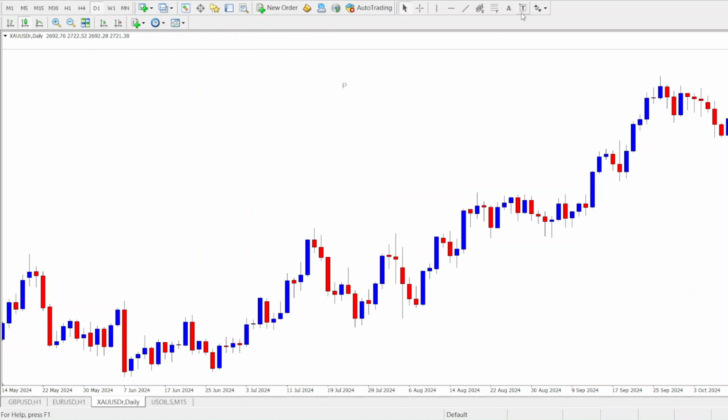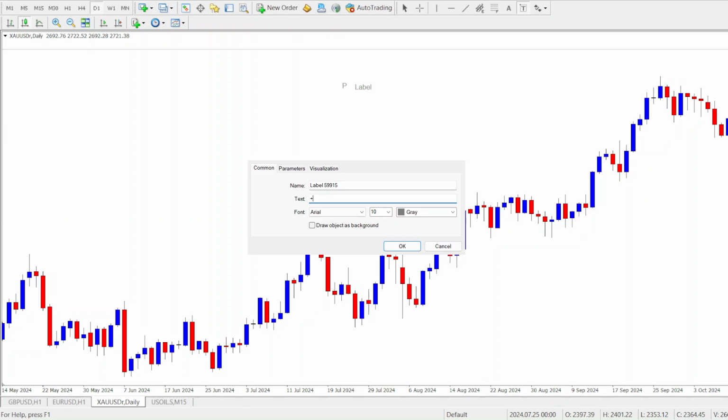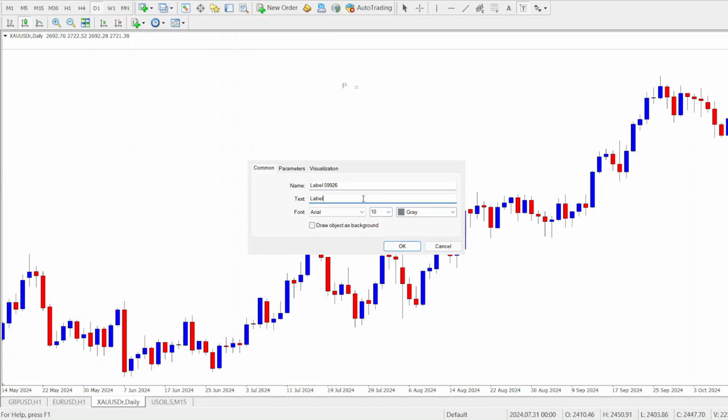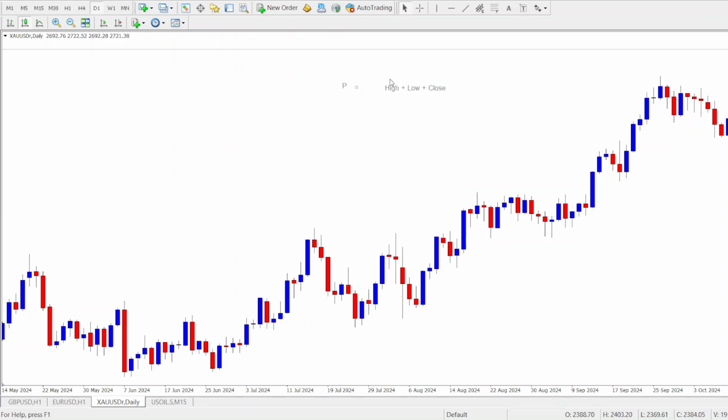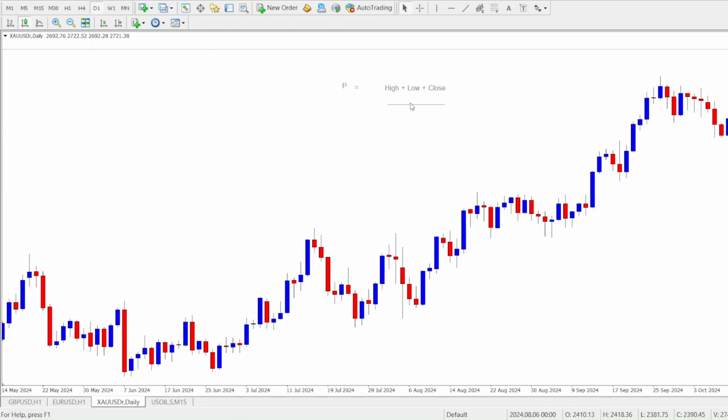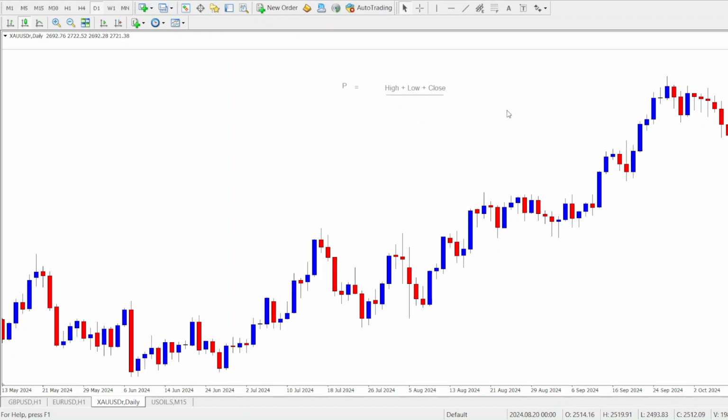P is equal to high plus low plus close, divided by 3.